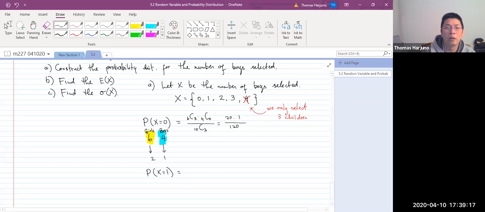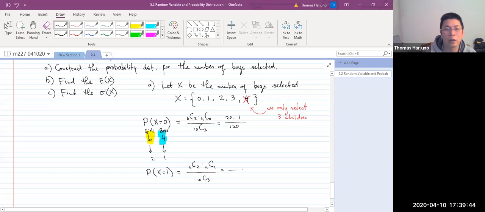Why? Because we select 3 people. If one of them is a boy, then the other 2 should not be boys, right? In this case, they must be girls. So what is the probability? Then that will be 6 choose 2 times 4 choose 1 over 10 choose 3.